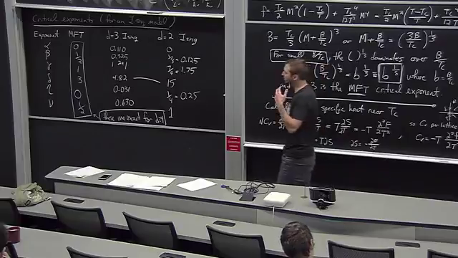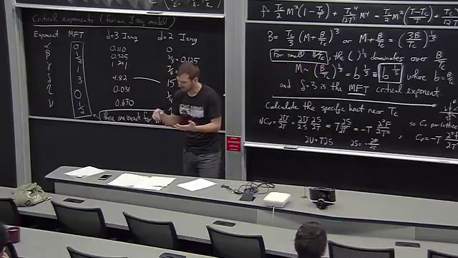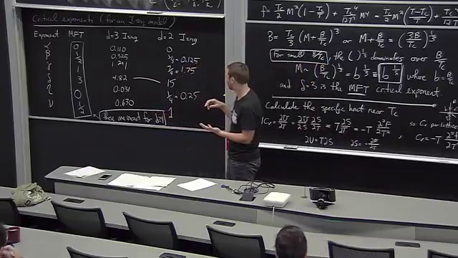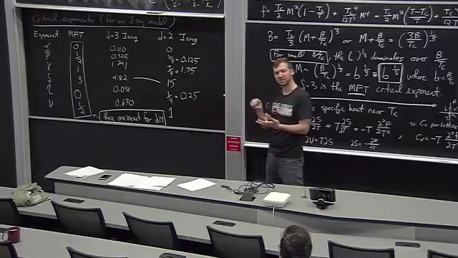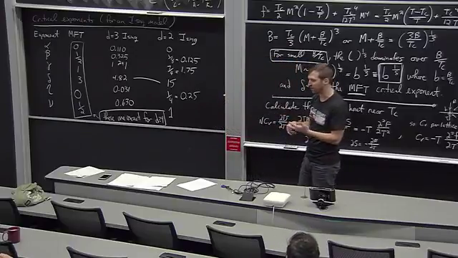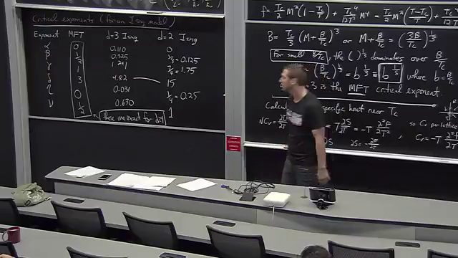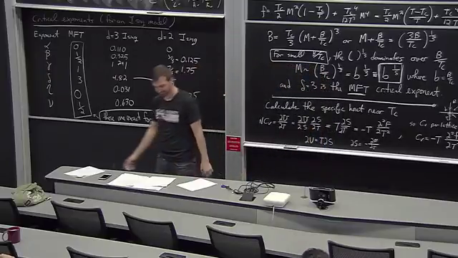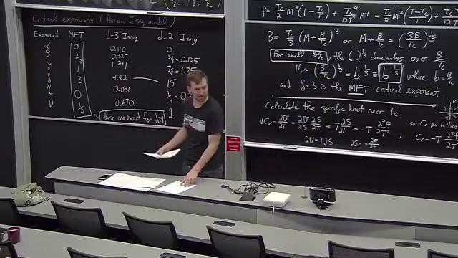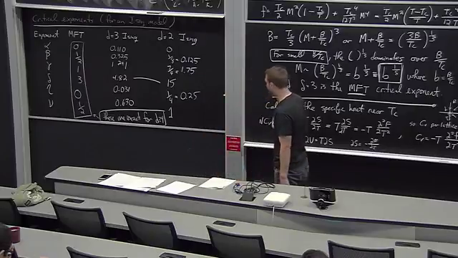So what matters in terms of the critical exponents is the spatial dimension, the symmetry of the Hamiltonian, if you will, and the symmetry of the order parameter. That's what determines what universality class you're in.